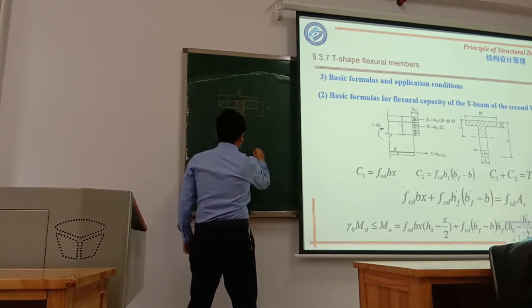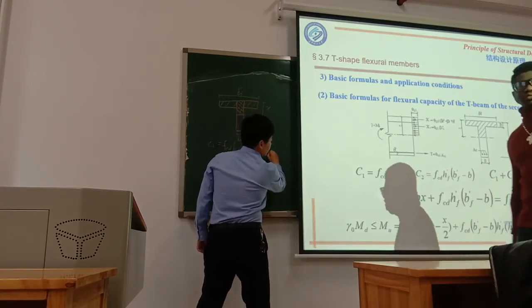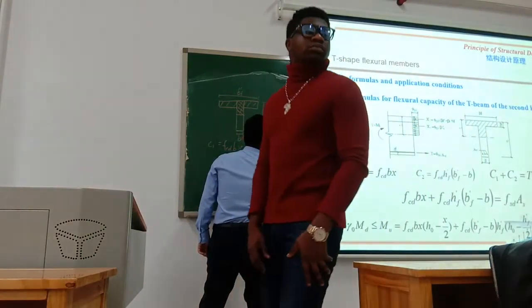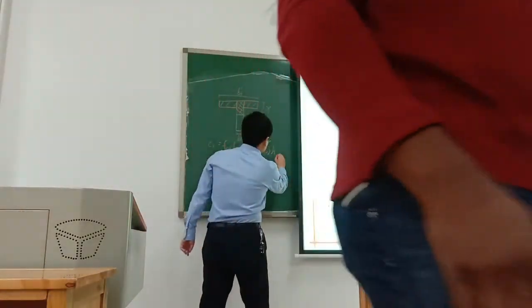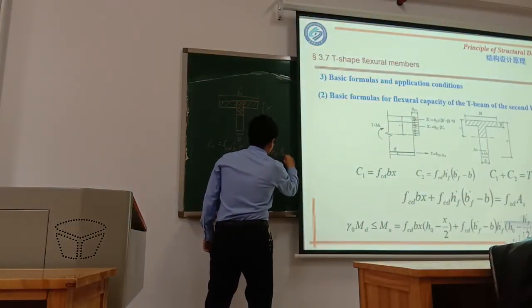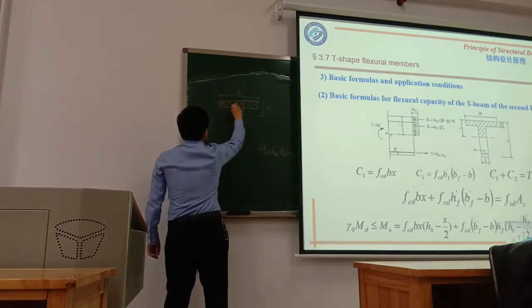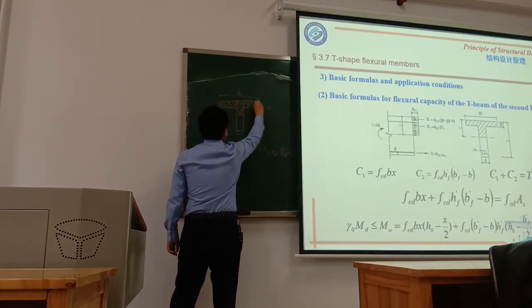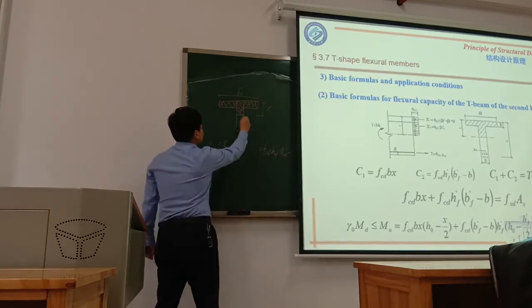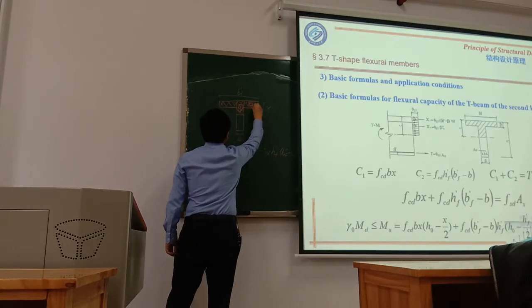And C2 equals FCD times HF prime times BF prime minus B. So this part is C1, and this part is C2.